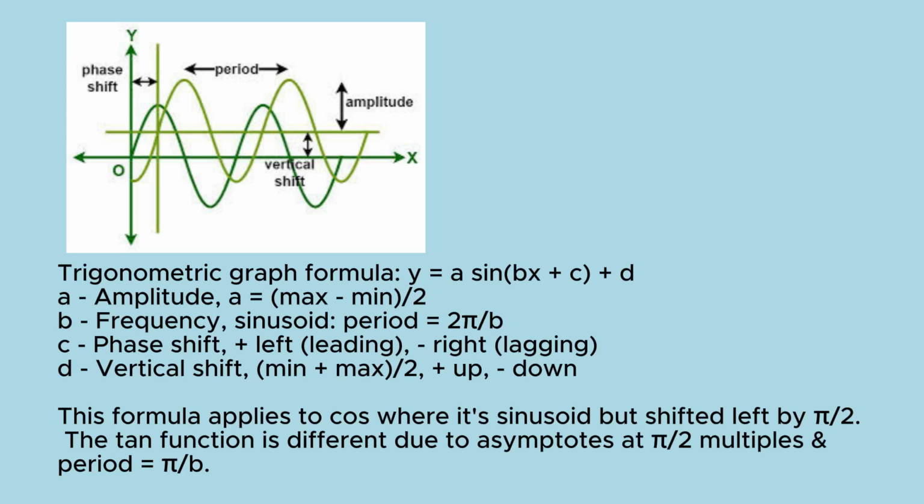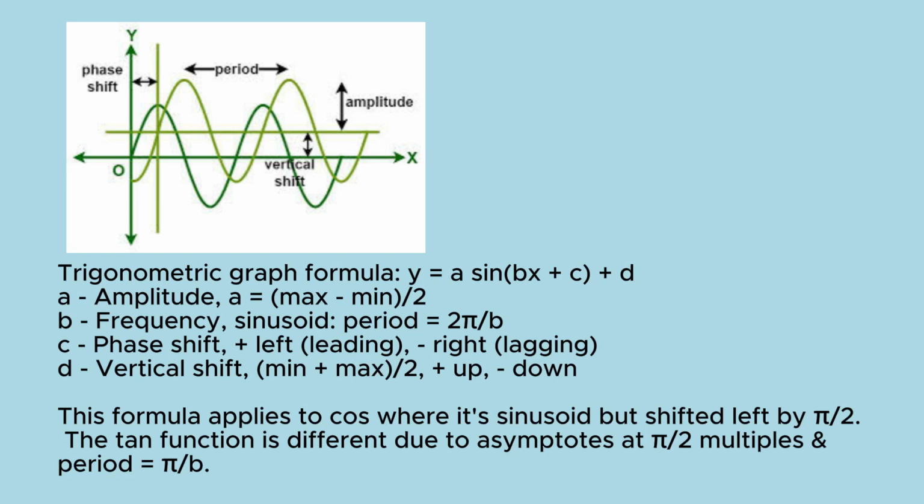Now let's look at the trigonometric graph formula, and this is one of the examples that I put inside here. So you have y equals a sine bracket bx plus c, and then you have plus d outside of the function. So a is amplitude, and you can get it by having the maximum minus the minimum divided by 2.